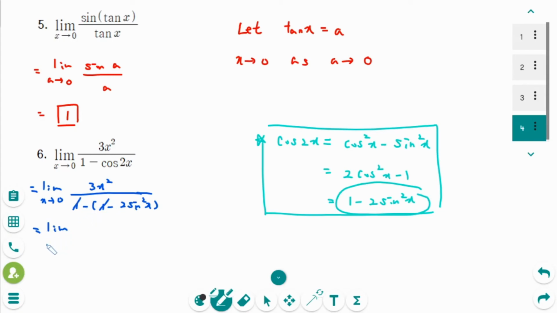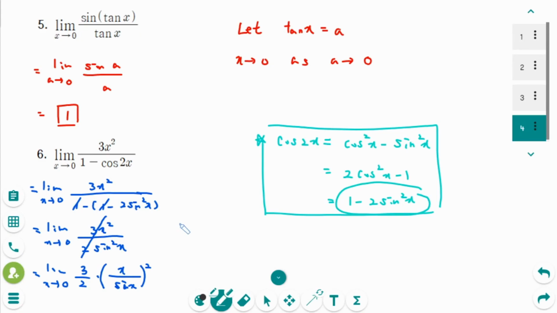Then limit as x approaches 0, 3x squared over minus minus, which means plus, 2 sine squared x. Limit as x approaches 0, that one, 3 over 2 times x squared over sine squared x, which can be rewritten as x over sine x, squared.